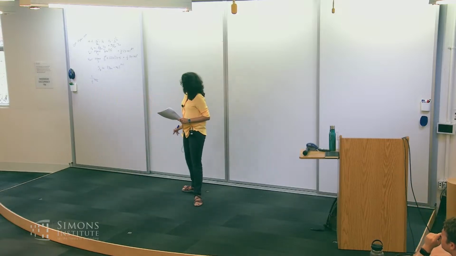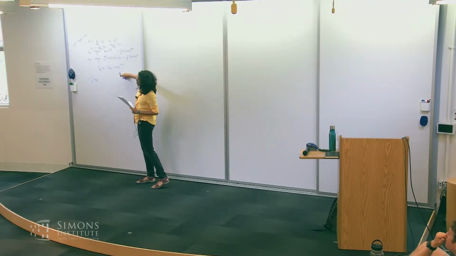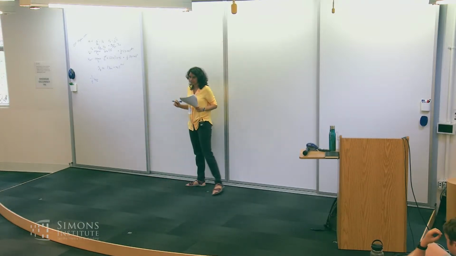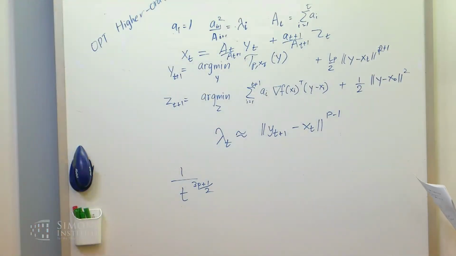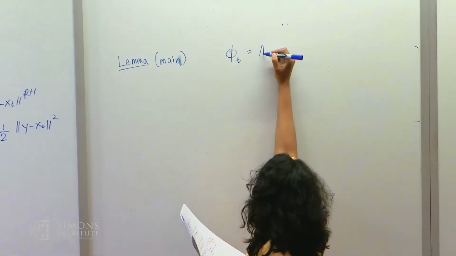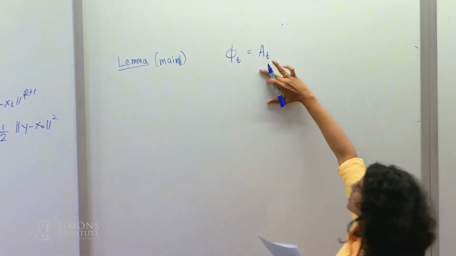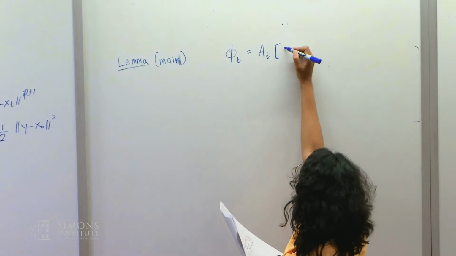Okay. So for proving this, the first thing we need, let me call it lemma main, is this: let's define this potential function, which is just A_t times the function error.